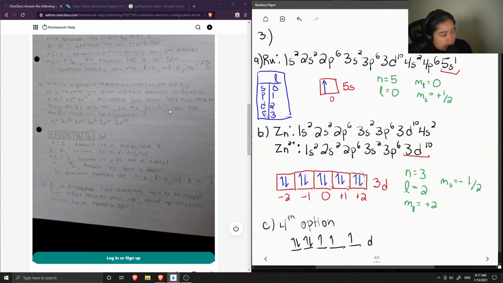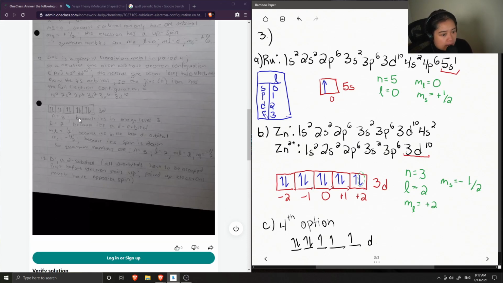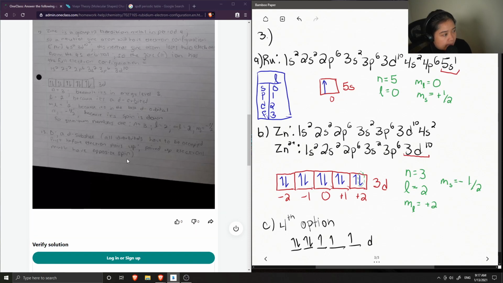So the zinc 2 plus ion has the full electron configuration of the following. Yep, so that's correct. And then they wrote out their 3D subshell. N is equal to 3, L is equal to 2, ML is equal to 2, and ms is equal to -½ because it's spinning down.